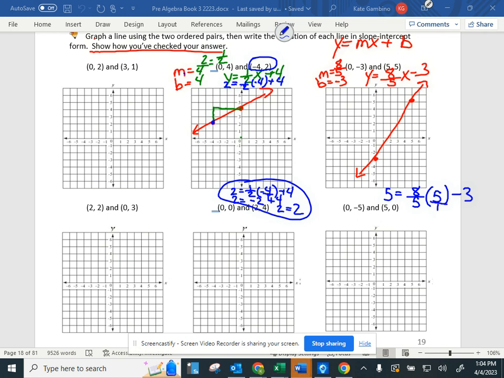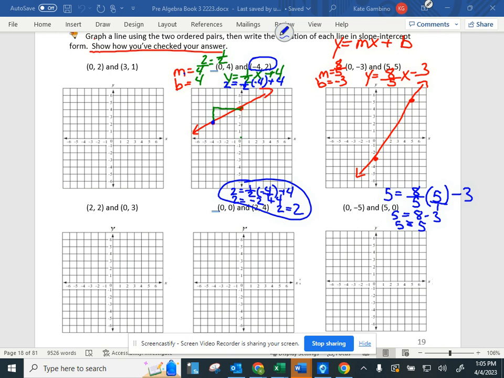So we turn that 5 into a 5 over 1. 8 times 5 is 40 over 5. What's 40 divided by 5? 8. So 5 equals 8 minus 3. So what is 8 minus 3? 5. 5 equals 5. Does 5 equal 5? Yes. So I know I did my slope-intercept correctly.